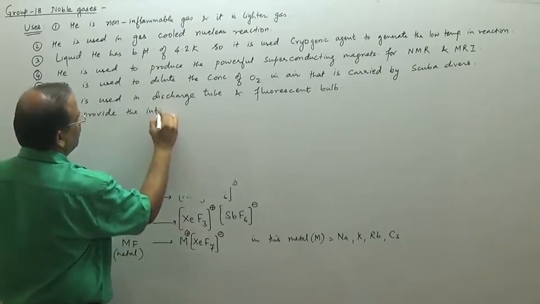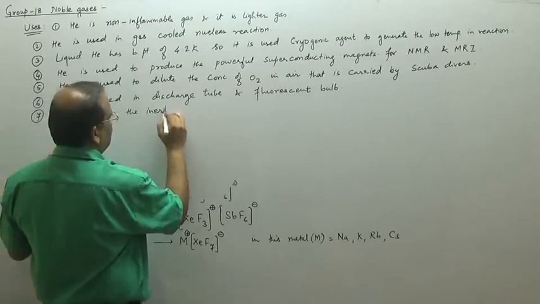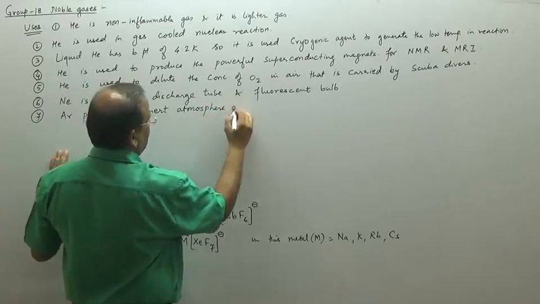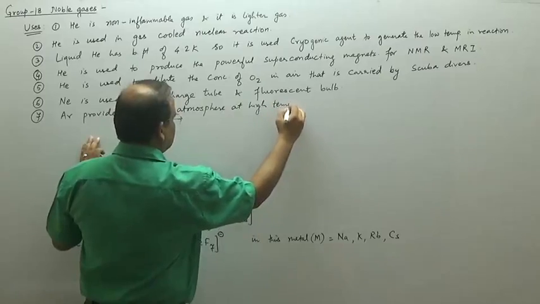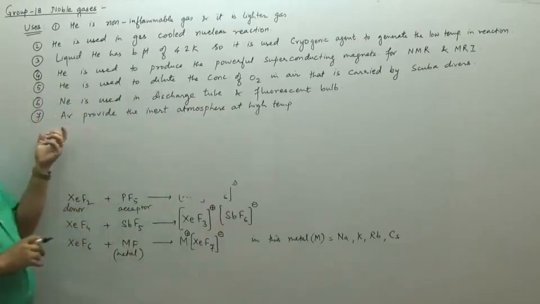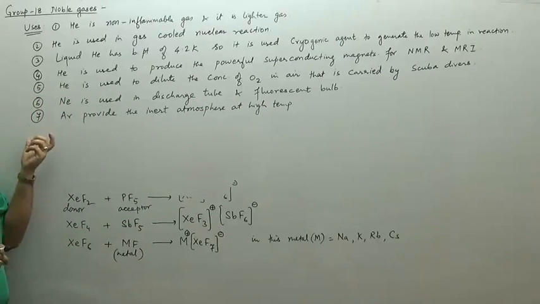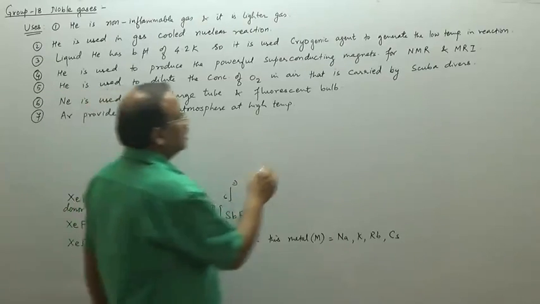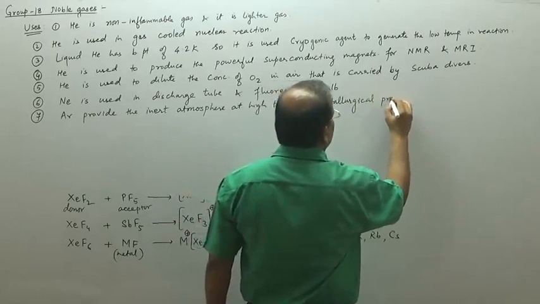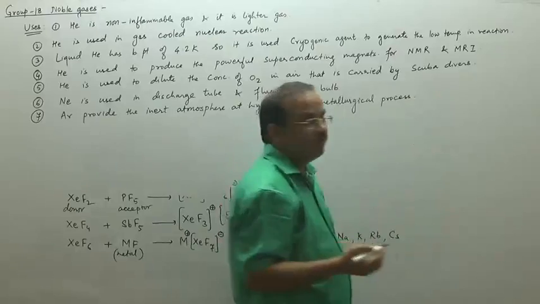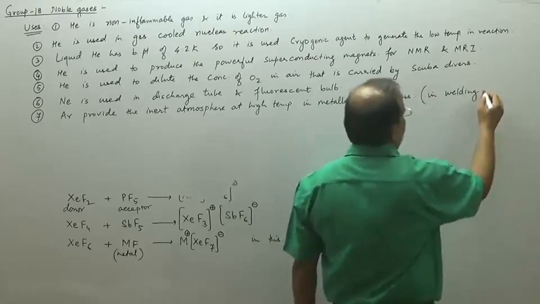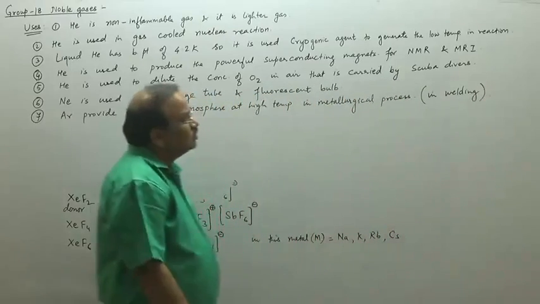Because sometimes in welding we don't require oxygen, we require an inert gas. So it is used in metallurgical processes, in welding of metals, or even alloys.